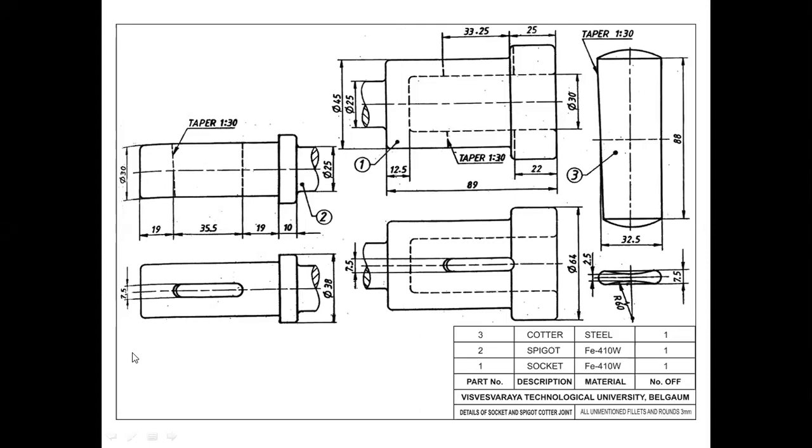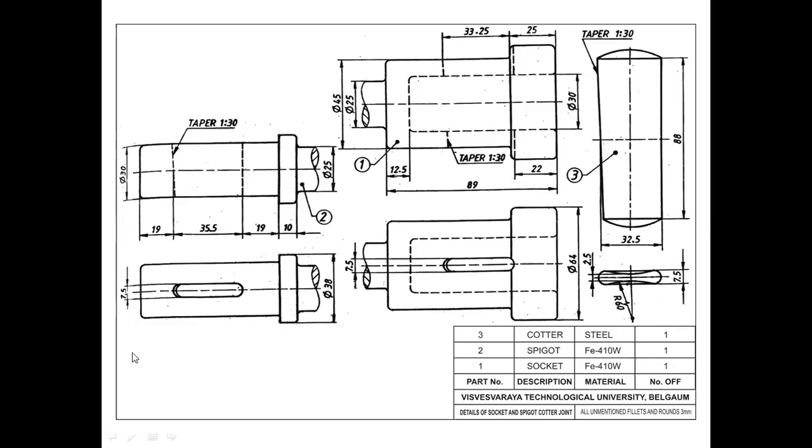That showed us what material they have, what kind of properties, and how many quantities of different parts are available in the assembly drawing that we have seen in the last assembly session.